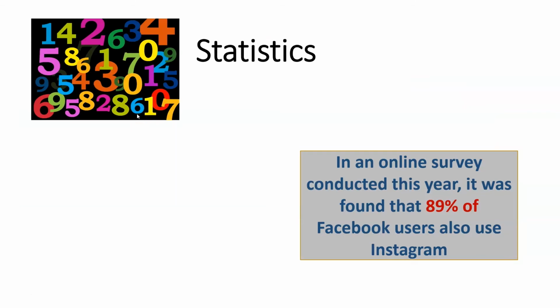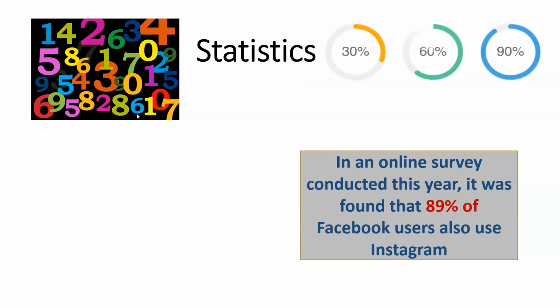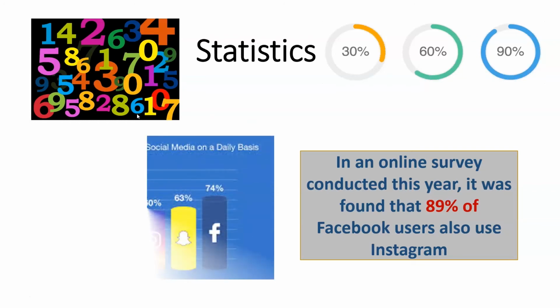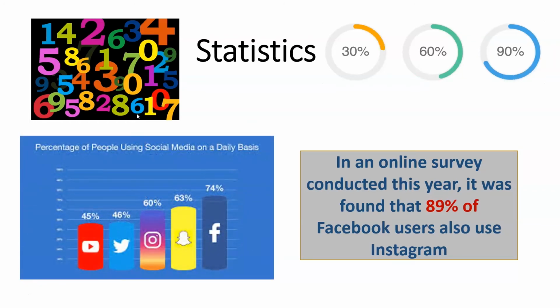Statistics, as you know, are your number facts. They are your percentages. They are your figures that, again, showing scale, showing the extent of something, showing the enormity of something, for example, right? For example, in an online survey conducted this year, it was found that 89% of Facebook users also use Instagram.